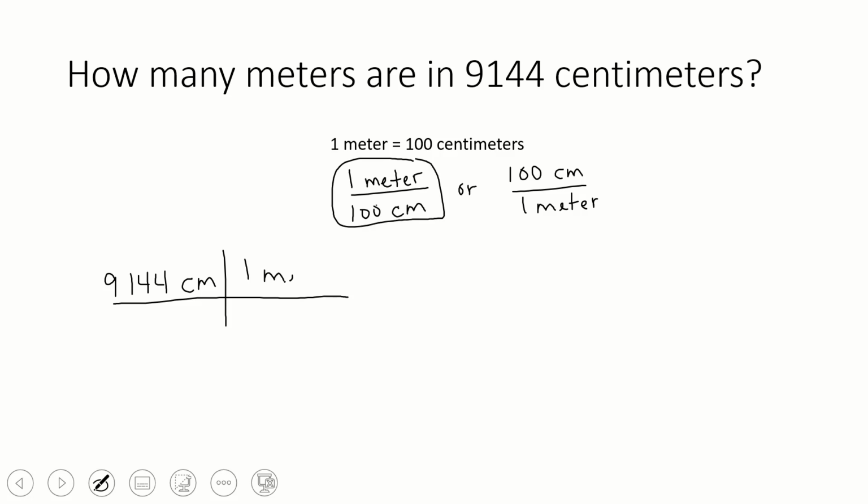So 1 meter over 100 centimeters. Writing it like that allows for my unit of centimeters to cancel, and I'm left in units of meters. So I'm going to take the 9,144 divided by 100 and get my answer of 91.44 meters.